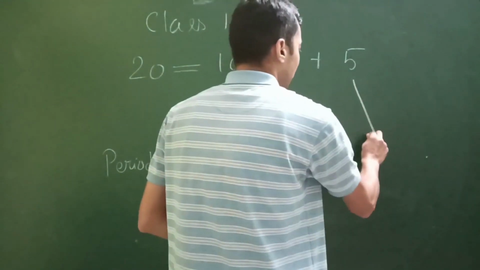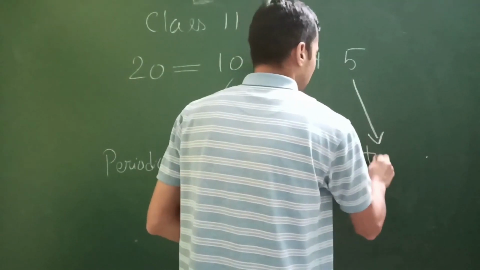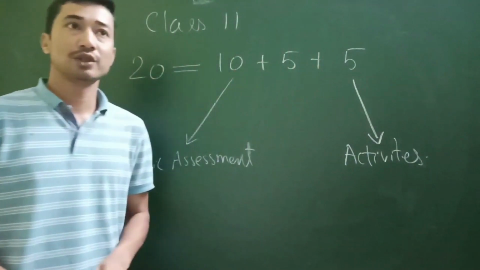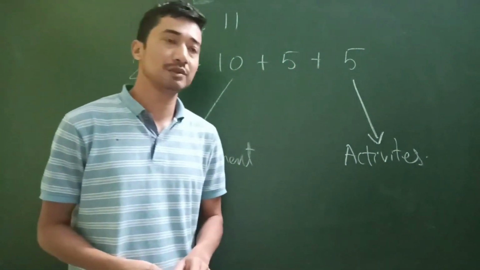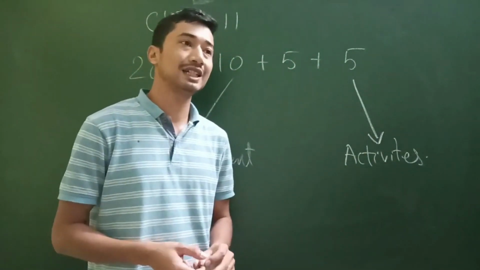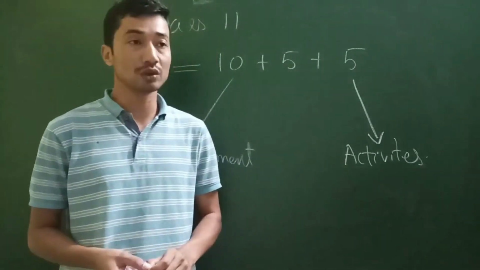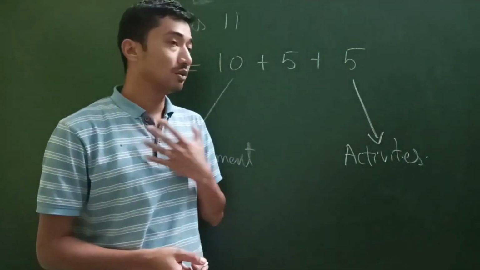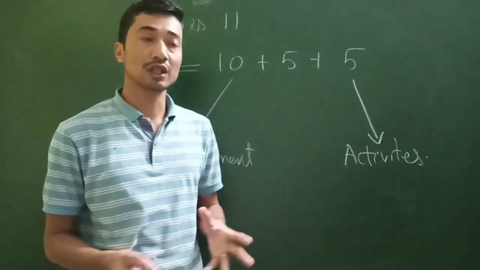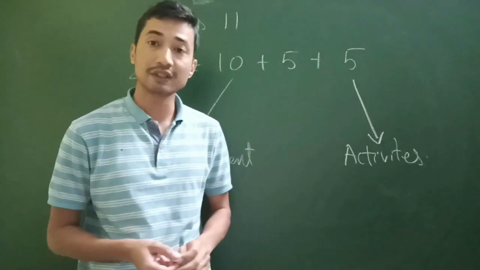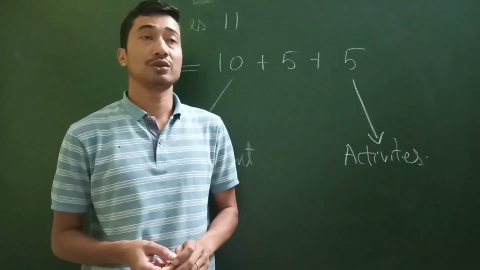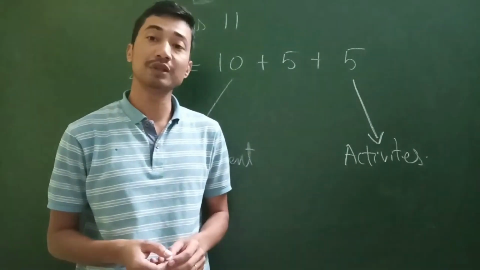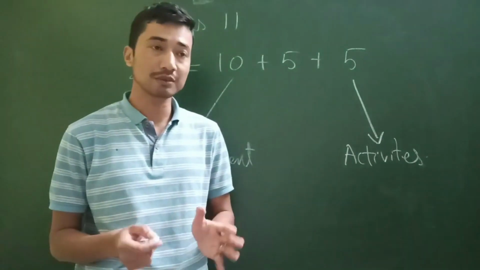The next 5 marks are, of course, for activities. If you remember in class 10, you did some activity-based work, and for that you had a separate textbook and maintained a separate notebook. Now, the board has given a link where you can go to the NBSE website and download the PDF file of the mathematics lab manual.